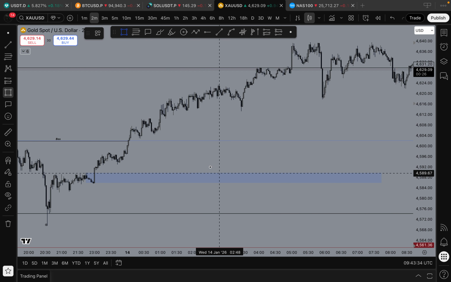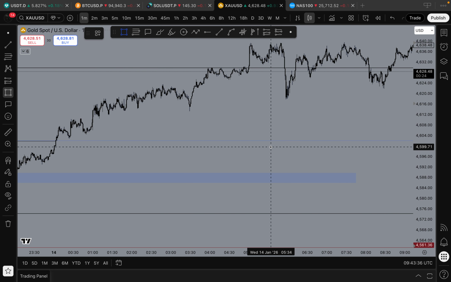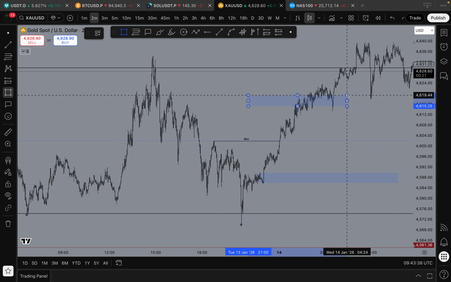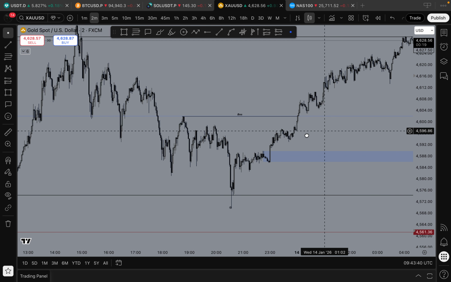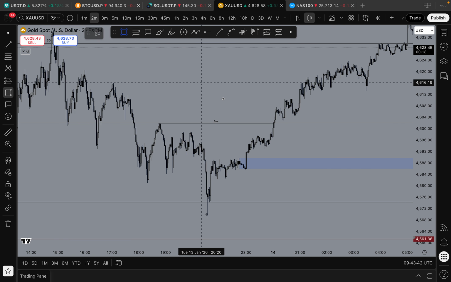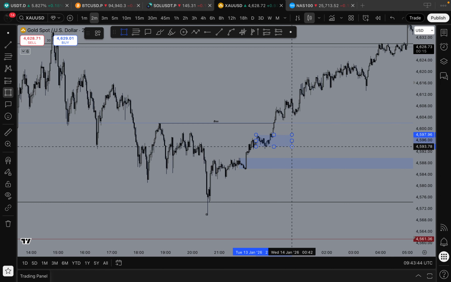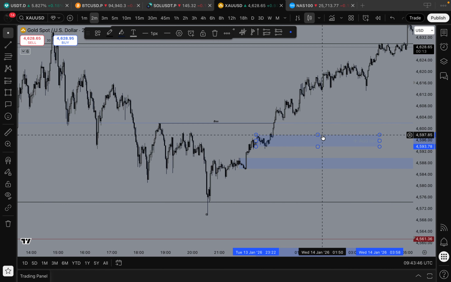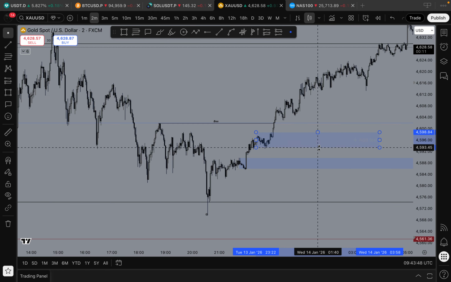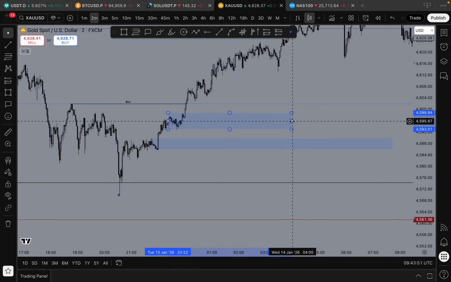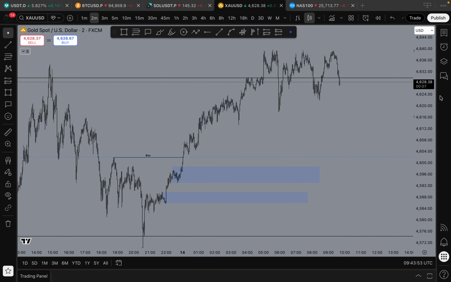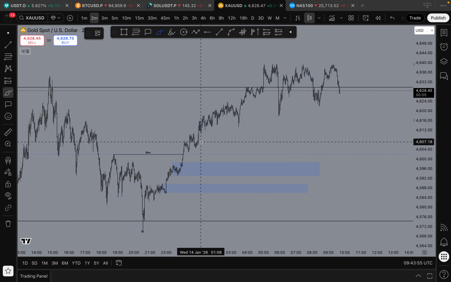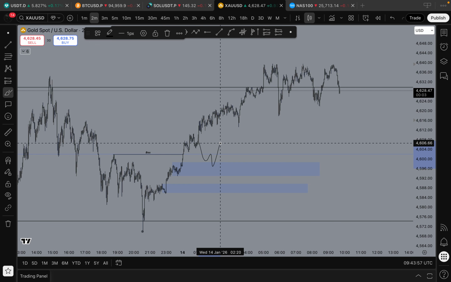On the 1 minute, it could be a structure. Yeah, so you can also mark that out as a first POI, or just use this zone. Include that 1 minute block right there, and then watch for these two zones to look for a higher low with some structure in it, break structure.